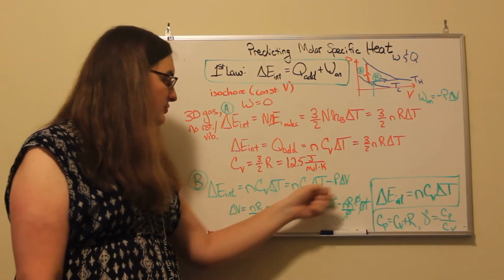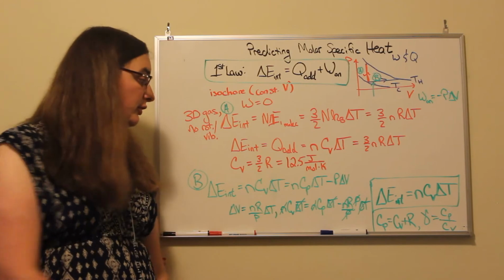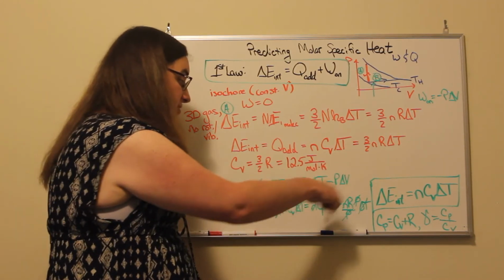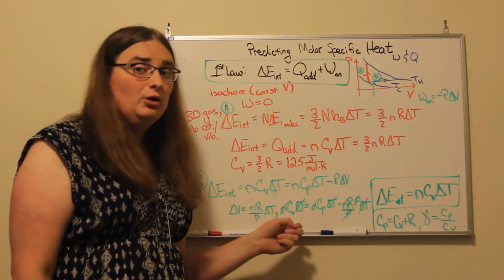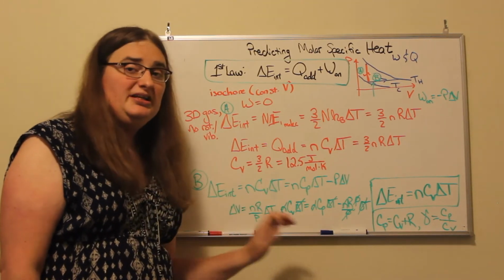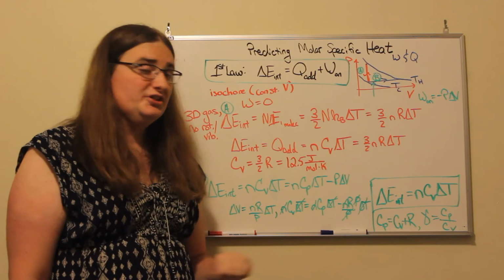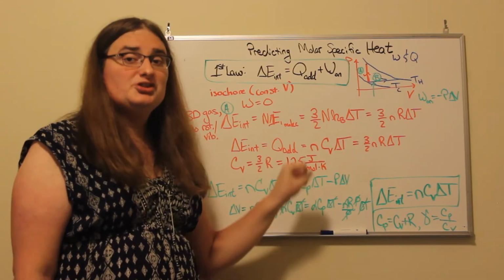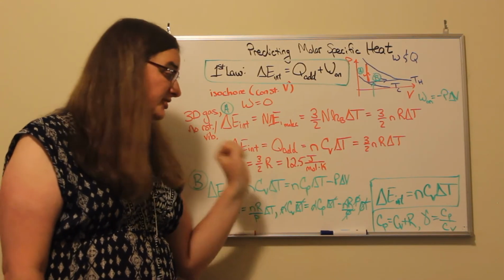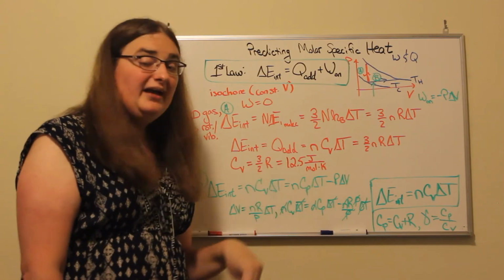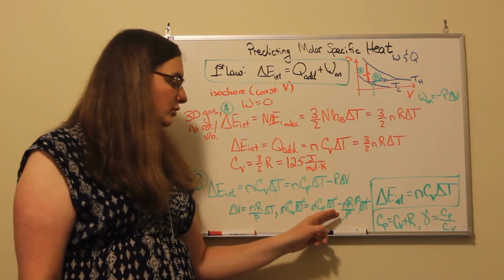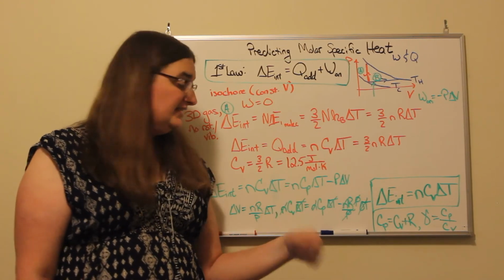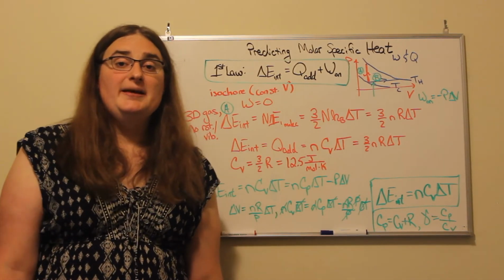So if I substitute this in for my change in volume, pressure times pressure cancels out, and my relationship now says the number of moles times the constant volume heat capacity times the change in temperature is the number of moles times the constant pressure heat capacity times our change in temperature minus the number of moles times the universal gas constant times the change in temperature.